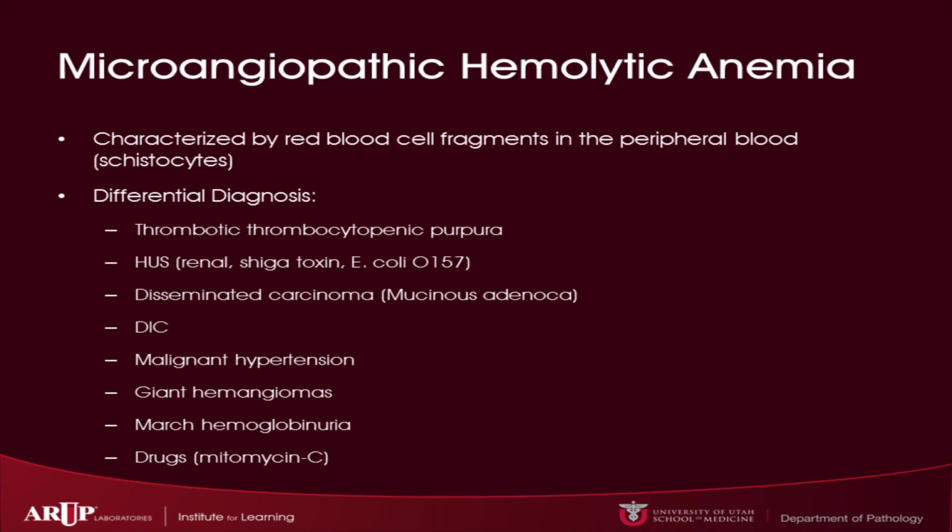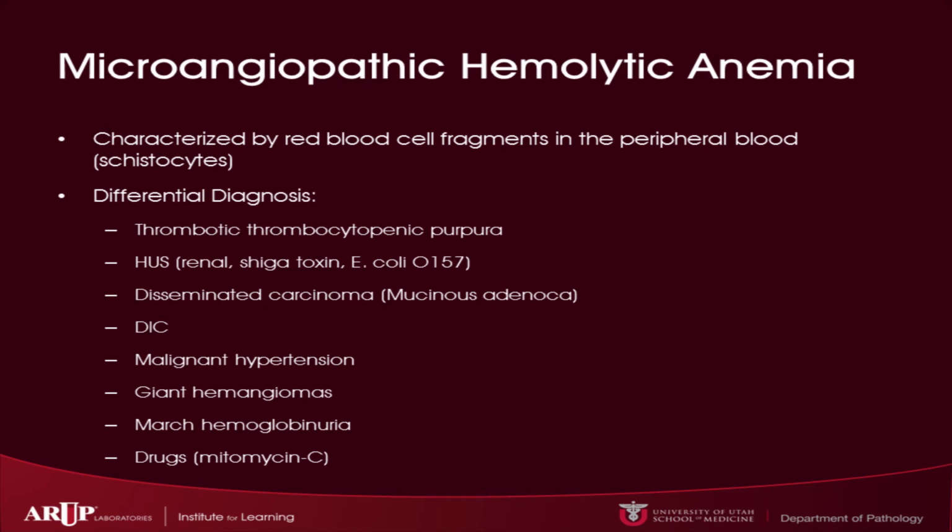HUS, hemolytic uremic syndrome, happens basically due to some of the toxins, some of the bacterial E. coli and Shigella toxins. Although again not common, these patients need to be treated. And then again, the schistocytes or the red blood cell fragments can form in so many different conditions.